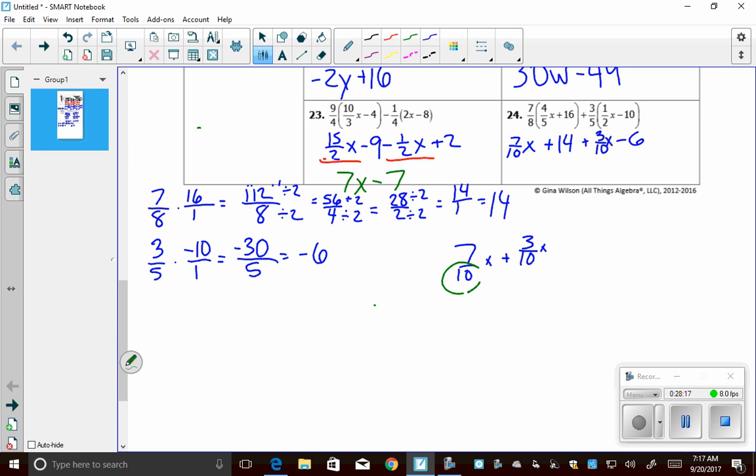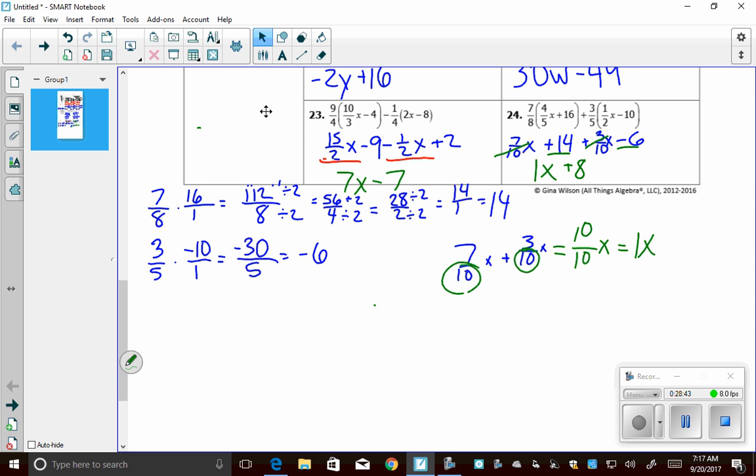My bottom numbers, 10 and 10, I can just go ahead and add the top together. So I'm going to get 10 divided by 10 x, which reduces to 1x. Okay, that's fine. So I'm going to be left with 1x. So I just combined those. Now I have to combine 14 minus 6, which gives me plus 8. And that is my final answer.